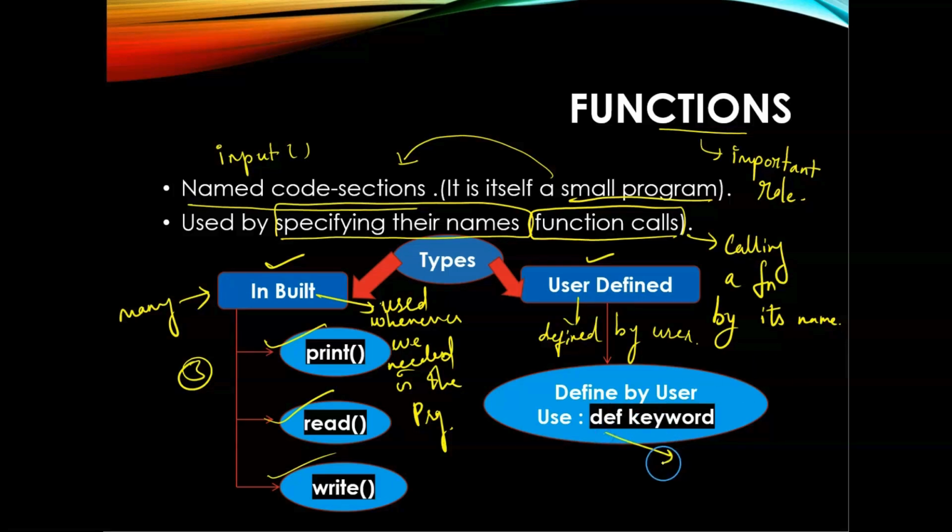I have already told you that def is a keyword in Python which is used to define user-defined functions. So when we are going to create our own program using a user-defined function, first of all you should write the keyword def and then the function name. We can write our own function name of our choice.